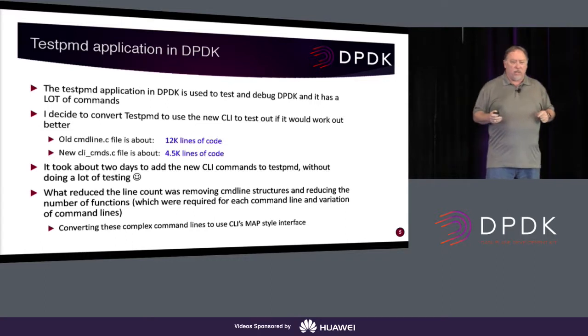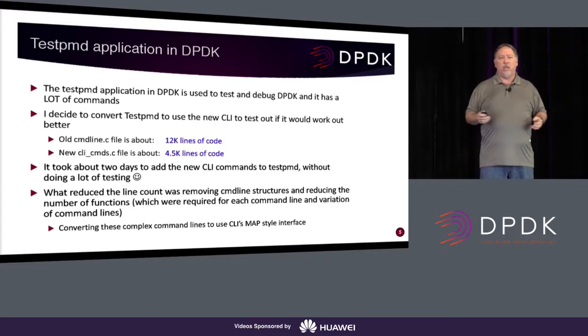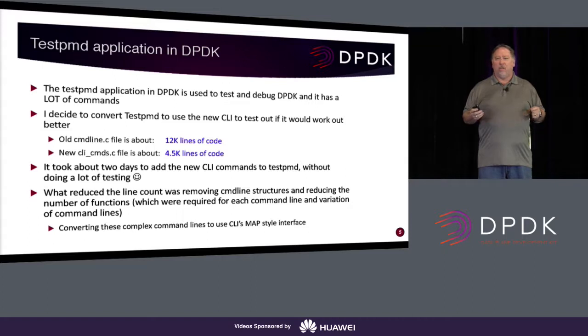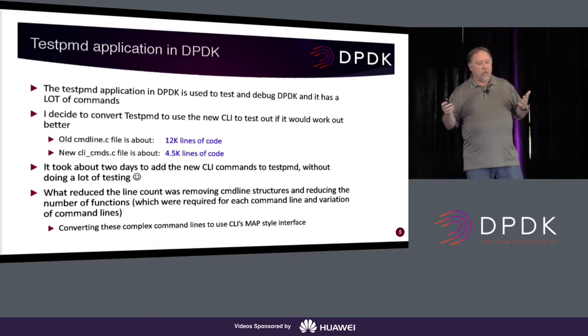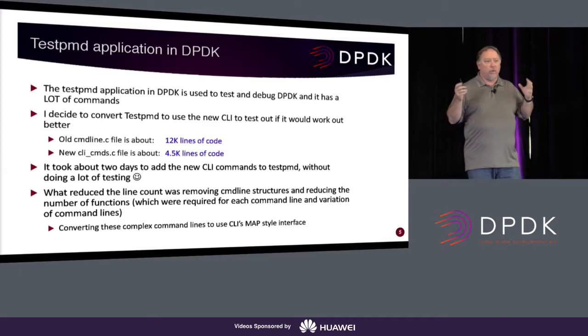So whenever I did this, in test-pmd and even in pktgen, the command line .c file is very huge, bigger than I expected it to be. In this particular case, the command line .c file in test-pmd at the time I did this was about 12K lines of code. It's a lot of code, a lot of structures to deal with. I was able to reduce that to about 4.5K lines of code because I reduced the complexity.